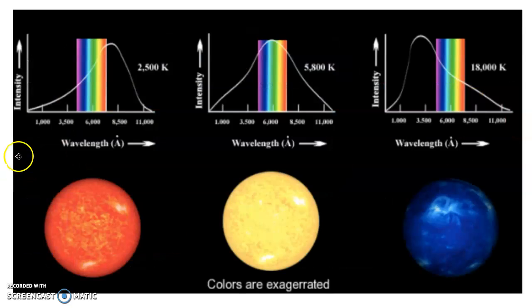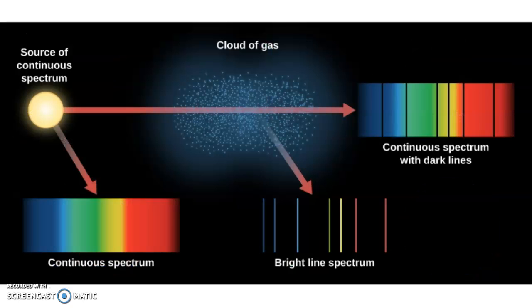This goes back to the peak. Any hot object will give a whole range of wavelengths, right? And that's called a visible spectrum. Now, if you have a hot gas or an object which is absorbing energy, what we're interested in here is the continuous spectrum with dark lines. That hot gas will absorb very, very specific wavelengths in that continuous spectrum.